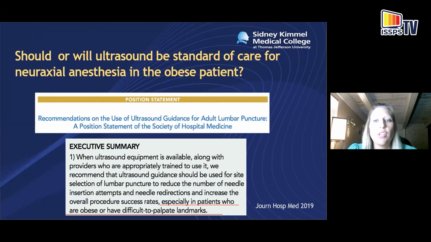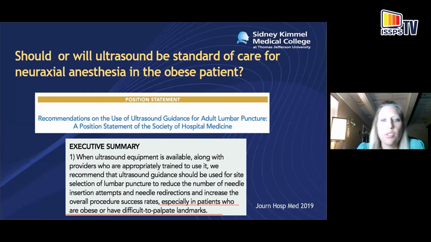So I think it's important to leave this thought here: it's well demonstrated in the literature that the use of ultrasound results in increased accuracy and success rate with neuraxial procedures in the obese patient. This is from the Society of Hospital Medicine for hospitalists. Lumbar punctures are different, and the anesthesiologist and neuraxial anesthesia is different, but I found this position statement interesting.